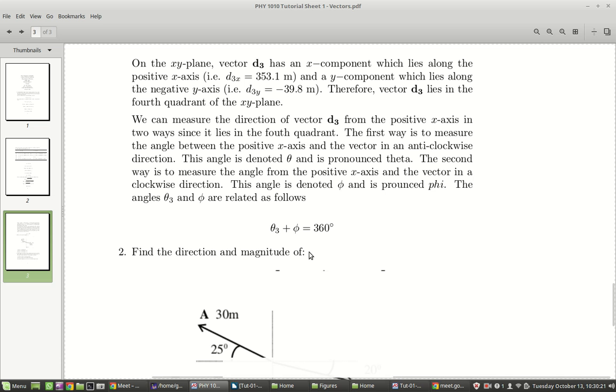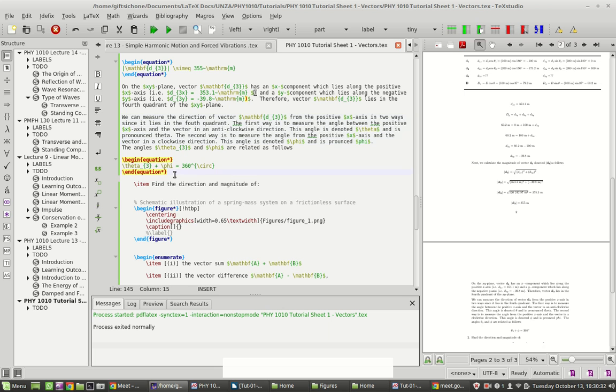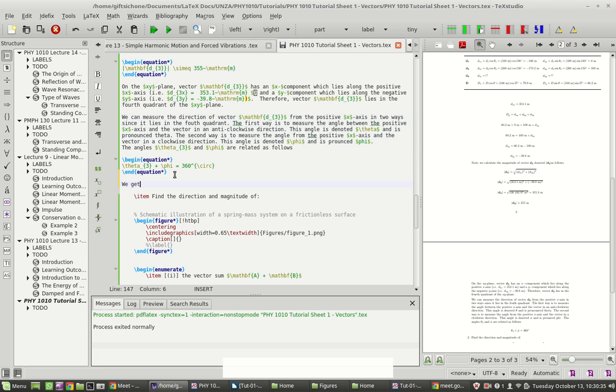Then we have the formula you use for finding the angle of a vector, and that's what we're going to use here. We get the angle phi from the components of vector D3 as follows.